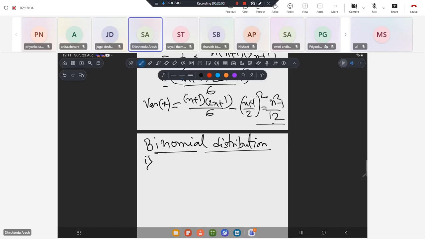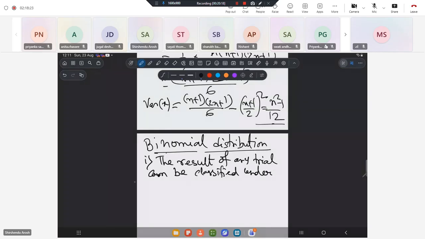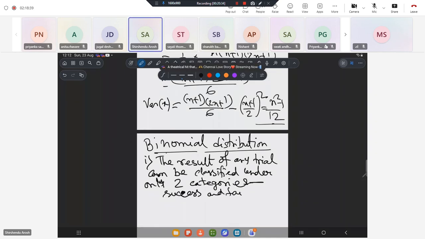One, the result of any trial can be classified as only two categories, success and failure. Failure would be 1 minus the success.